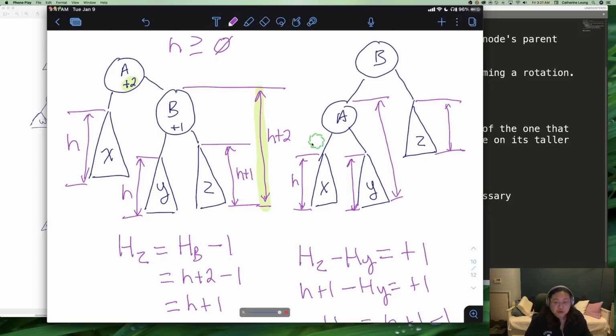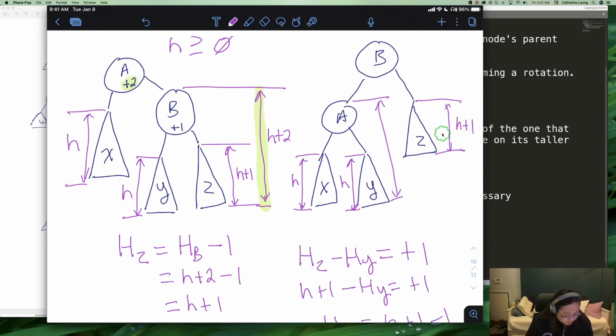The y subtree, likewise, is also still h nodes tall. And the z tree over here is now h plus 1 tall, same as it was before we did the rotation. So because the trees don't change, their heights are exactly what they were before you do the rotation.